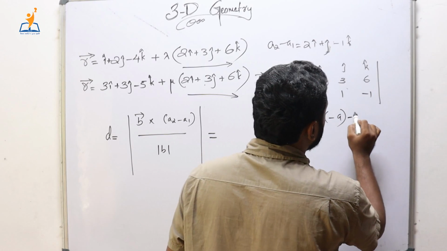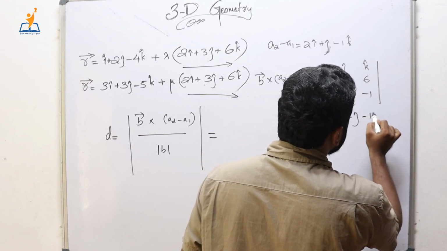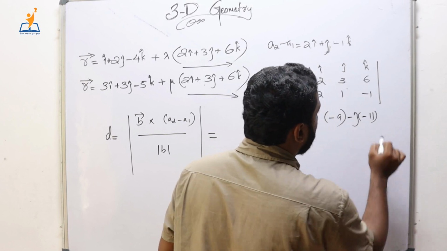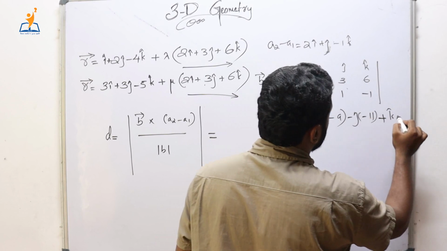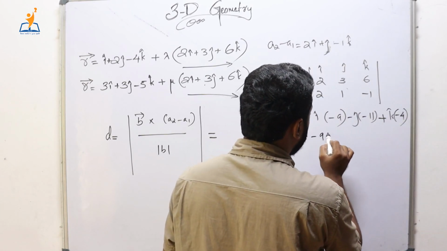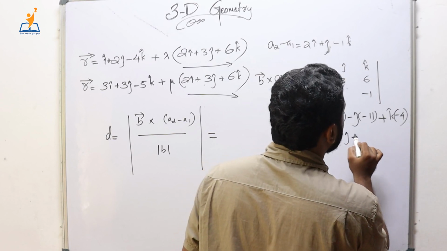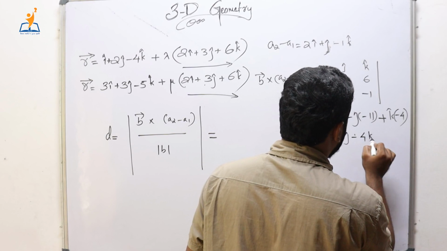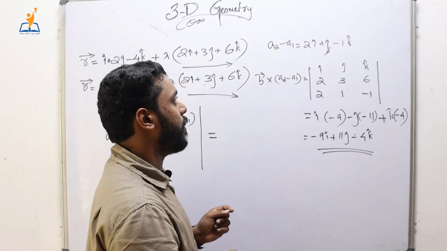Now minus j into minus 2 minus 12, which is minus 11, right? Plus k into 2 minus 6, which is minus 4. It is equal to minus 9 i cap plus 11 j cap plus minus 4 k cap. So this is our b cross a2 minus a1, right?